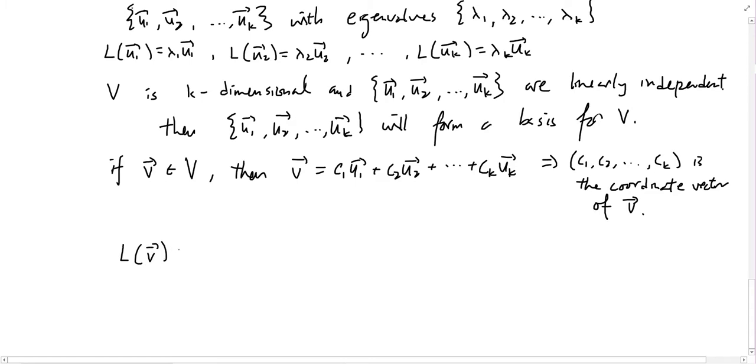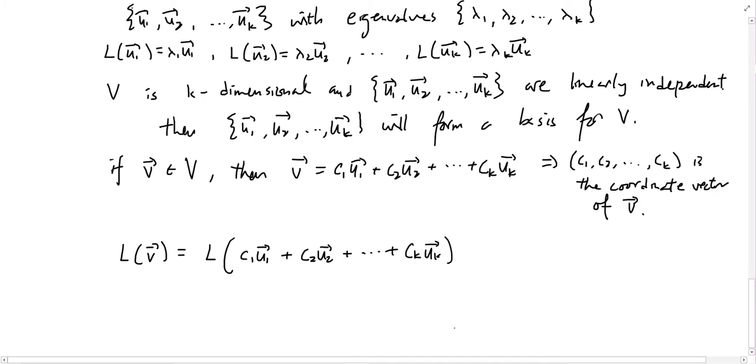Well, because vector v can be written as a linear combination of the eigenvectors, that's the same thing as L of c1 vector u1 plus c2 vector u2 plus dot dot dot plus c sub k vector uk.